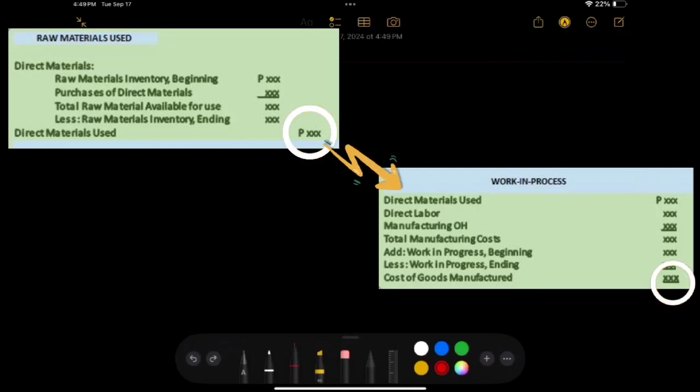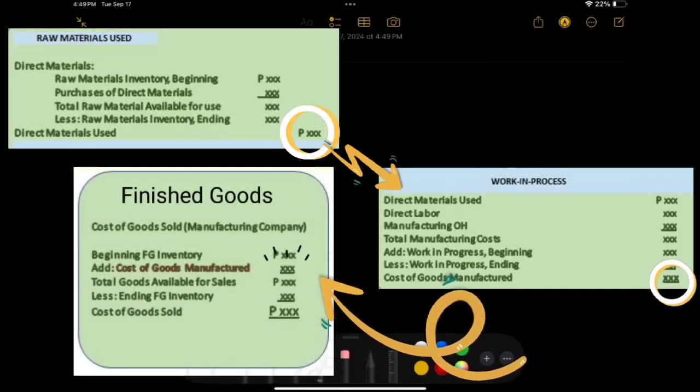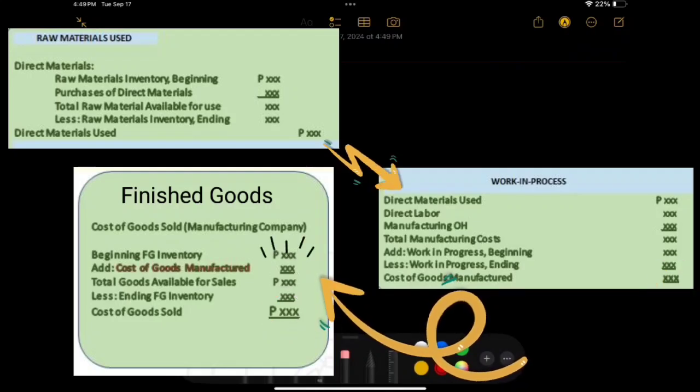Pag nakuha na natin yung cost of goods manufactured, ipo-forward natin yun dito sa ating finished goods or finished goods na ready for sale. Yung final objective natin in computing the finished goods inventory is of course to get the cost of goods sold. So, ito na yung pinaka-final na cost of goods sold na nire-record natin doon sa ating mga expenses.